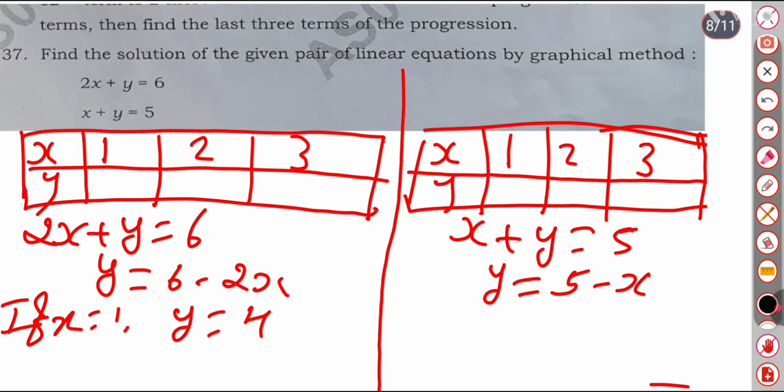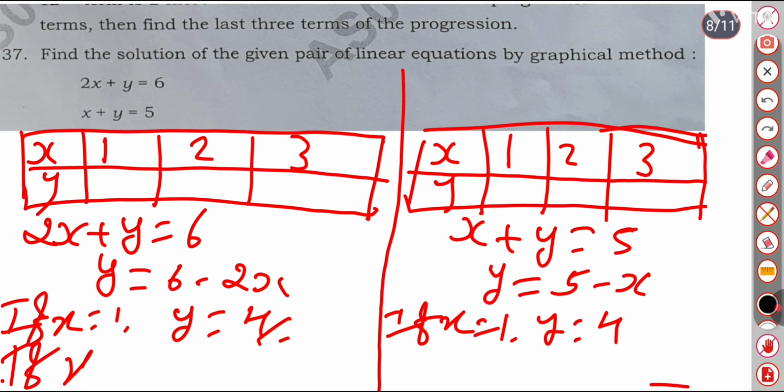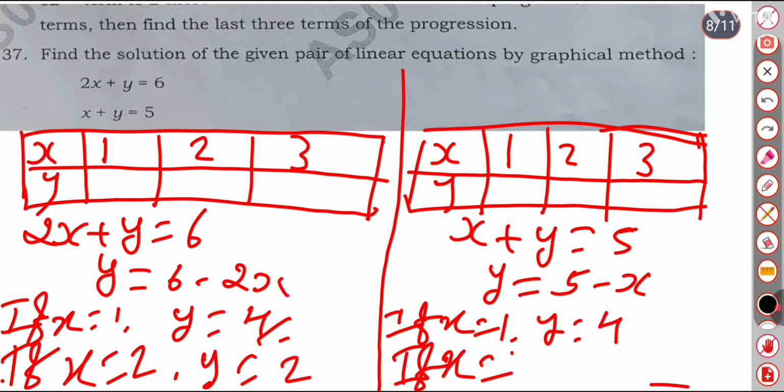Like this, here also, if x is equal to 1, the y value is what? 5 minus 1 is 4. Again, if x is equal to 2, the y value is 6 minus 2 into 2, so it is 2. If x is equal to 2, y is equal to 5 minus 2, which is 3. If x is 1, the value is 4.